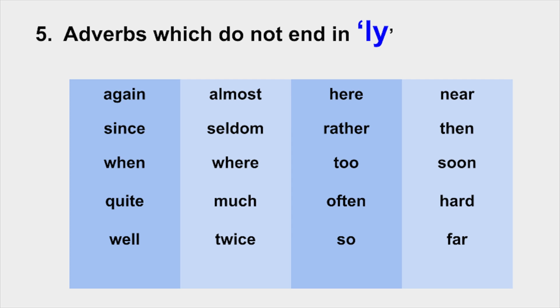You were introduced to most of these adverbs in part 1 of this lesson when we spoke about the different classes of adverbs. I will post that video in the description of this video.